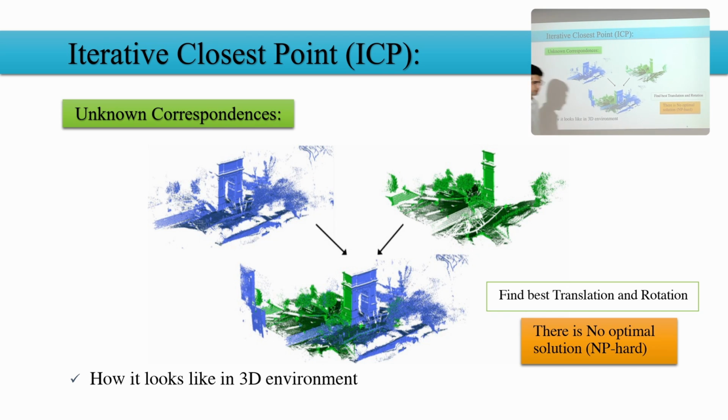Of course, there is no optimal solution to do this, because this is an NP-hard problem. Lots of loops should be done. But the basic, simplest idea: find the center of mass, move it, then rotate it by finding the differences, by knowing correspondences. Of course, you need to know the correspondences, find the differences, calculate the SVD, then rotate it. Is it clear so far?